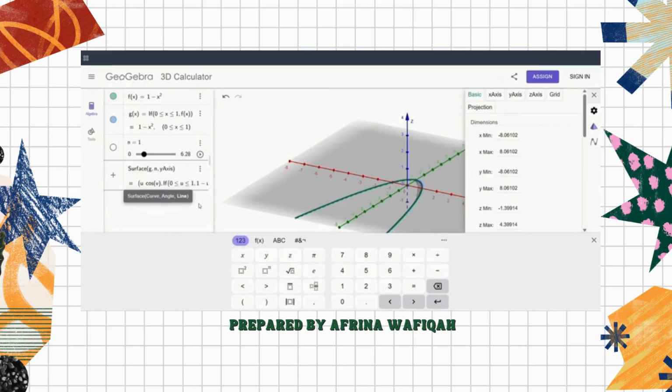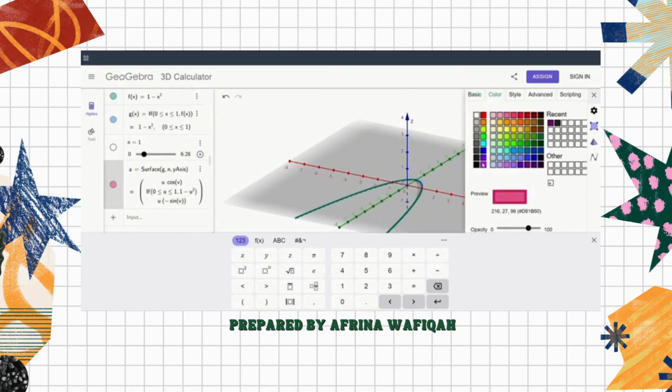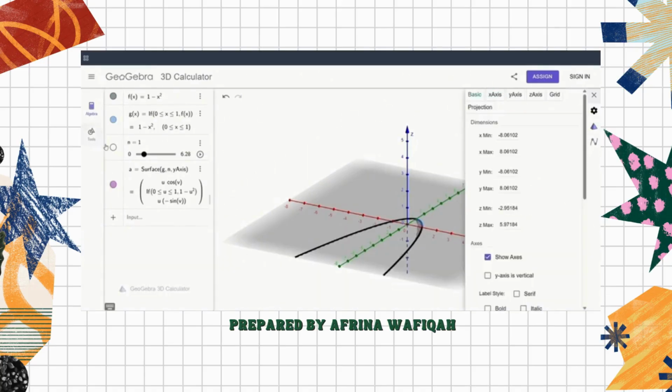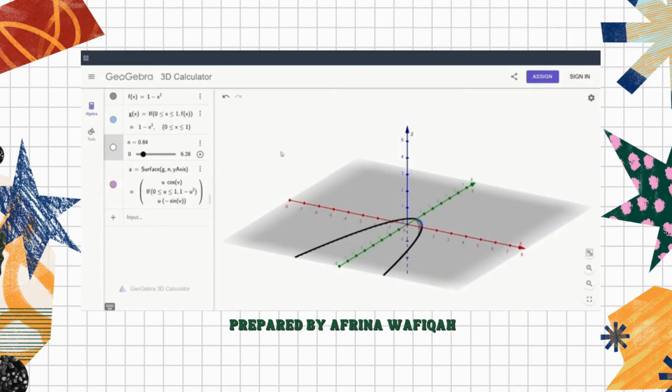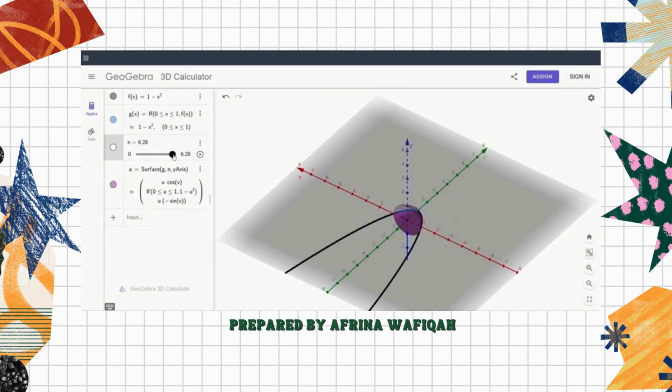This rotates the curve around the y-axis. Finally, I press play on the slider to show the surface forming gradually, demonstrating the surface of revolution. This completes the construction of the surface using GeoGebra.